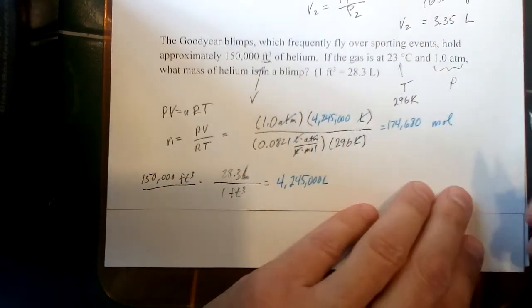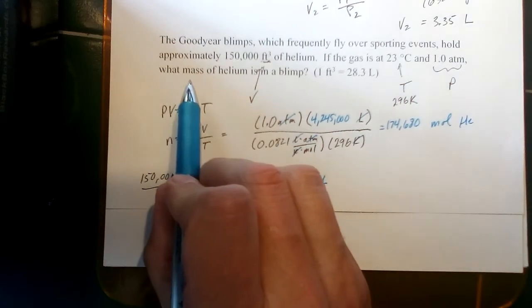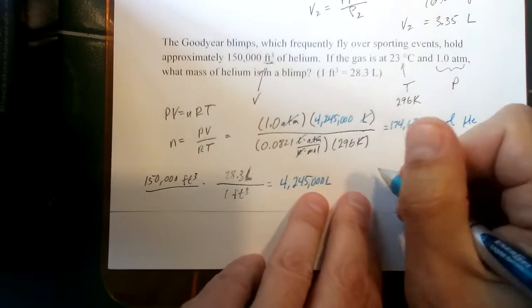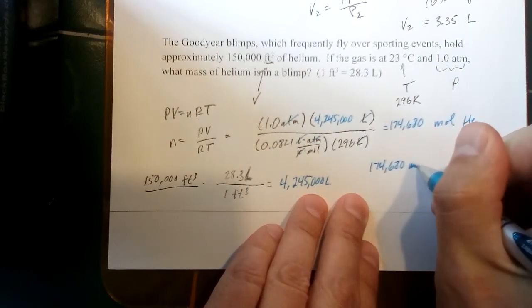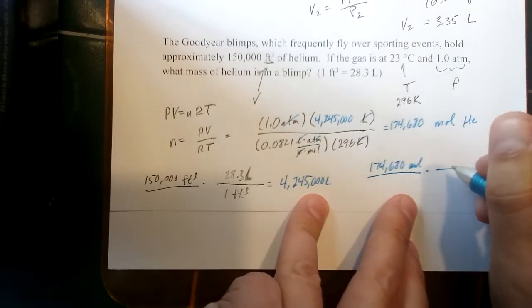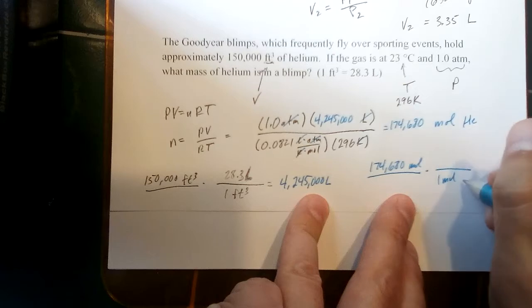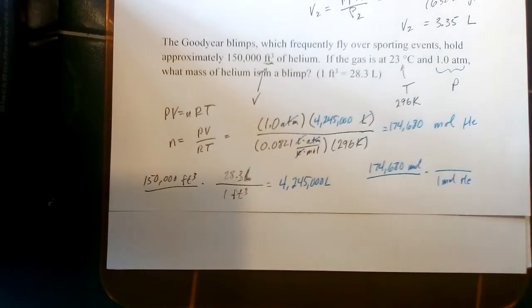Now, we're told this is helium, so that's moles of helium, but we're actually asked for mass in the problem. So we want one more step here, and that's to take our answer, moles, and convert it to mass. So we go to the periodic table, and we can find out what 1 mole of helium weighs.